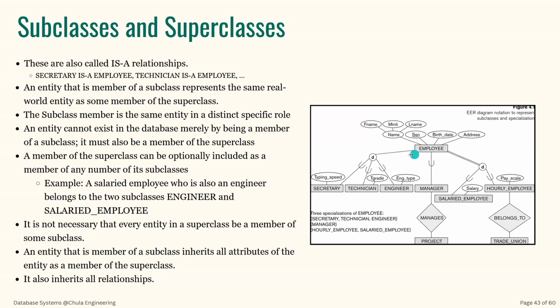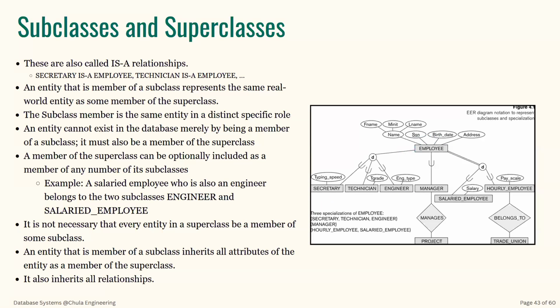All right. So an entity cannot exist in a database merely by being a member of a subclass. It must also be a member of a superclass for sure. Now, what about the superclass? Is it possible that a member of the superclass called employee is not a secretary, not a technician, and not an engineer?